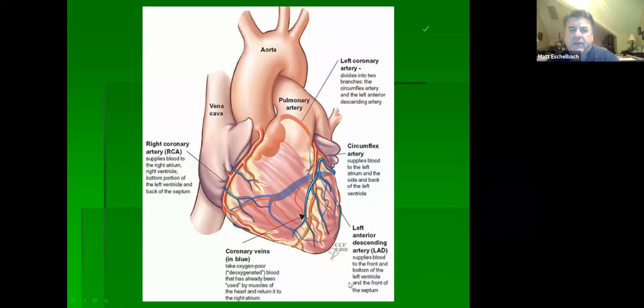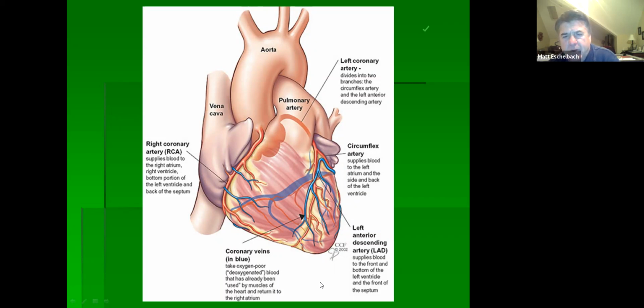As we look at the anatomy of the heart, these are the arteries that supply the heart. The heart is the only organ that actually supplies itself. The most common arteries of injury are the right coronary artery, and then we'll talk about the left coronary artery with a branch off it called the circumflex, and then the left anterior descending.